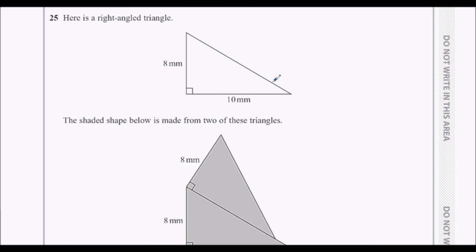So we use Pythagoras. Pythagoras' theorem says a² plus b² is equal to c², where c is the hypotenuse, the longest length. So if I call this x, I can say 8², the 2 short sides, and 10². 8² plus 10² must be equal to the other length, the hypotenuse squared.